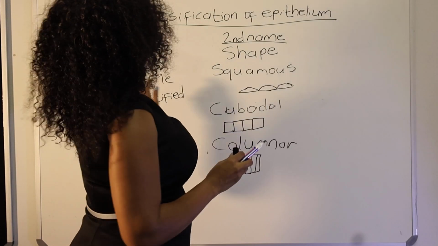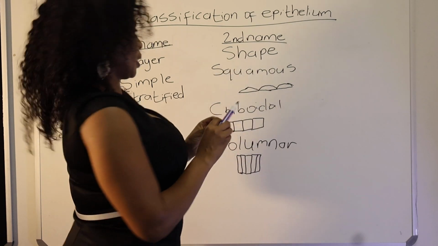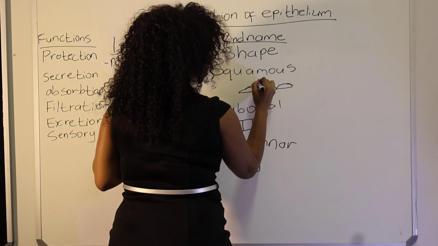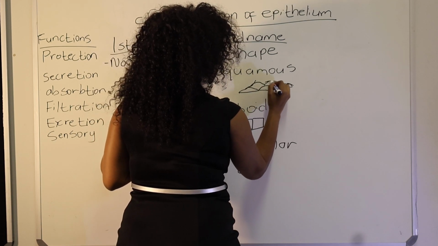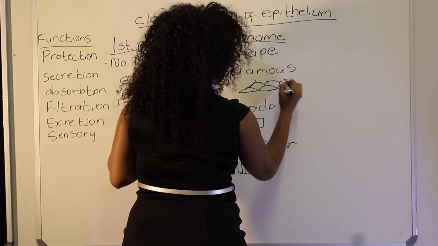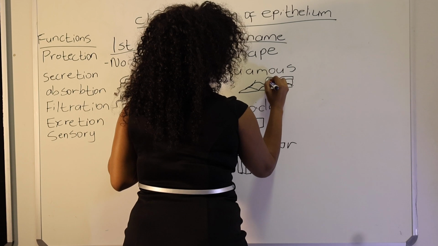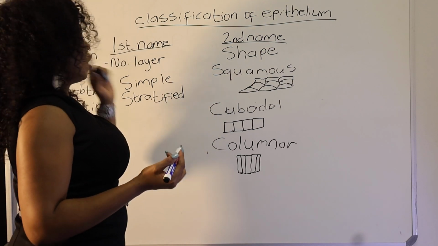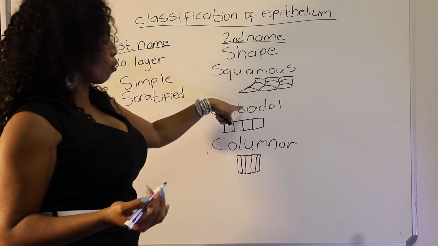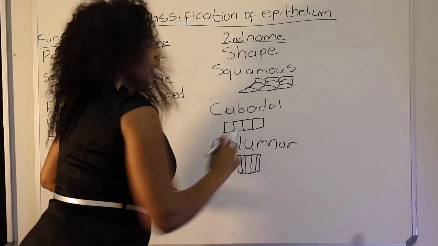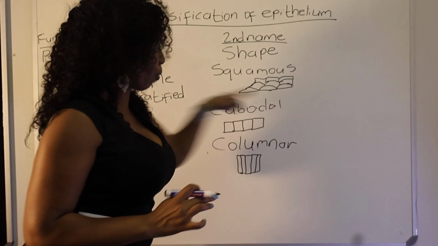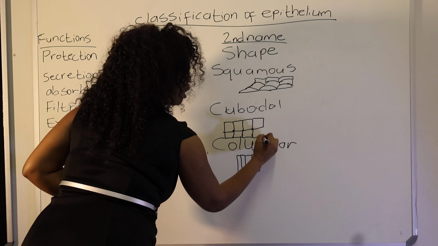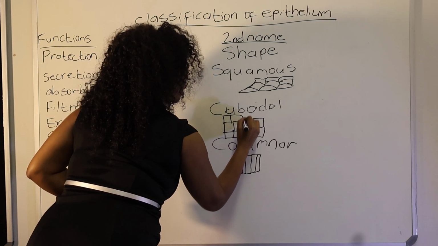If the name says stratified squamous, it means there are more layers of squamous, more than 1. If the name is simple cuboidal, it's just this 1 layer. If the name is stratified cuboidal, it's more than 1 layer of the cubes, of the squares.